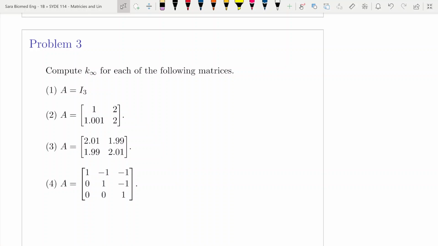In this question, it asked for the condition number with the inf norm. So you compute A inverse first, then the inf norm of A and of A inverse, then multiply them together.